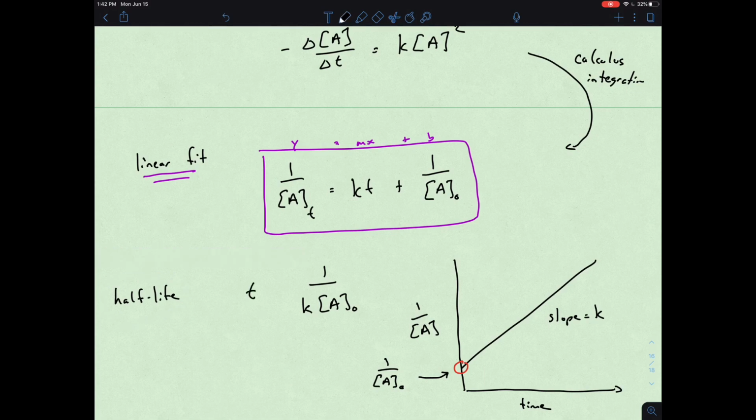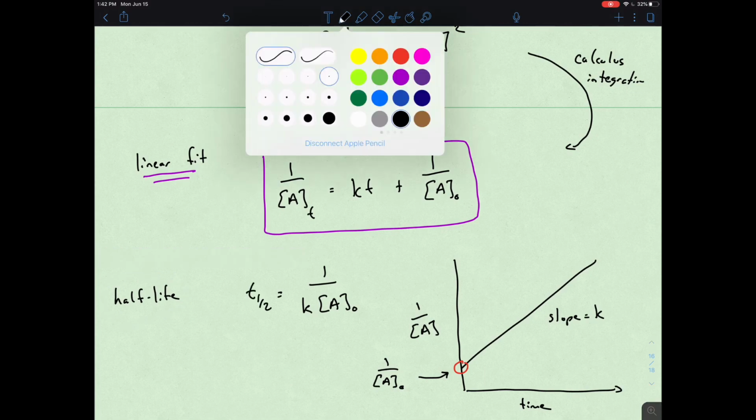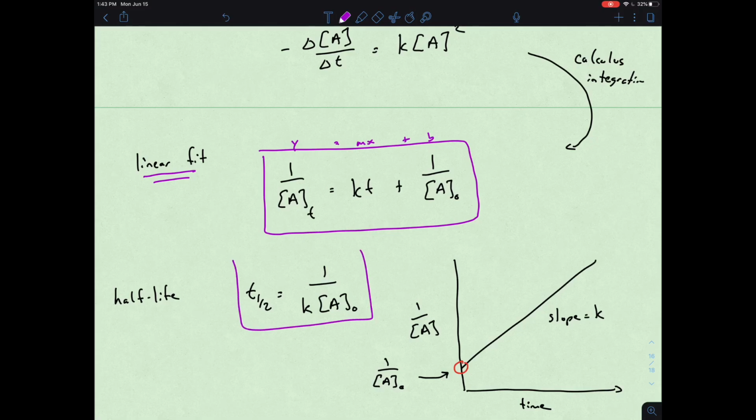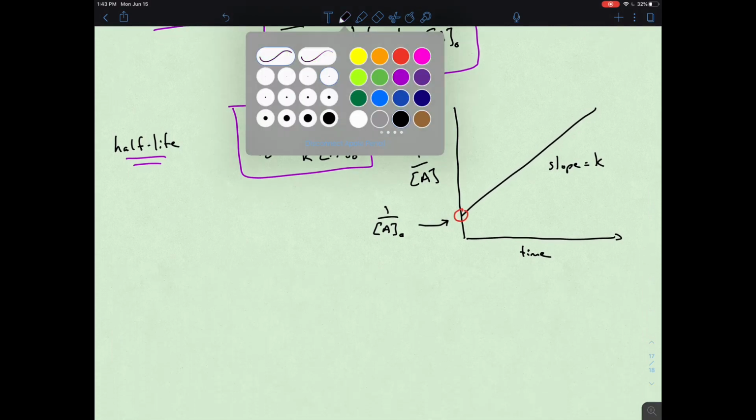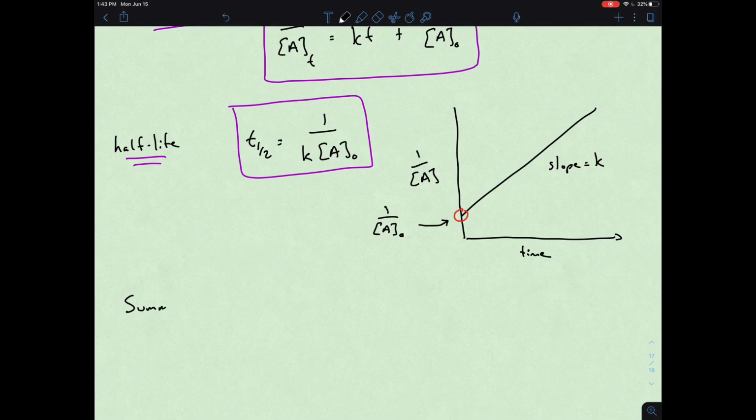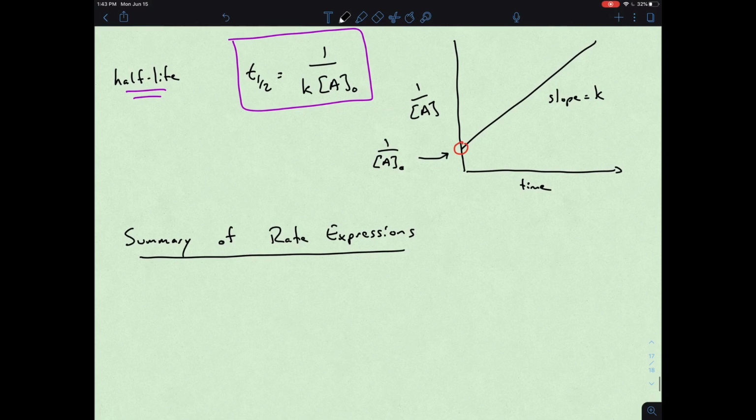So that is our half-life. A lot of equations there might be getting jumbled up, so let's just summarize.